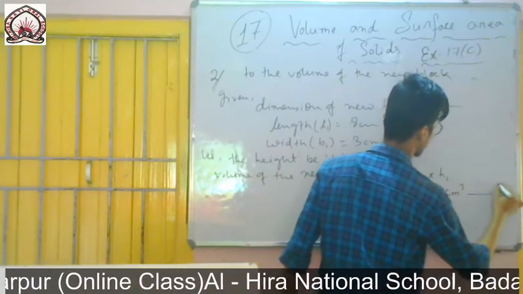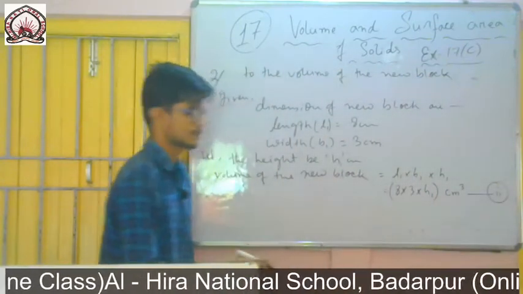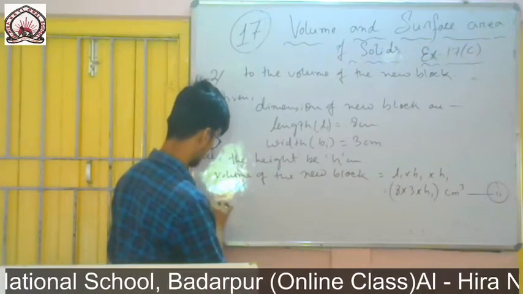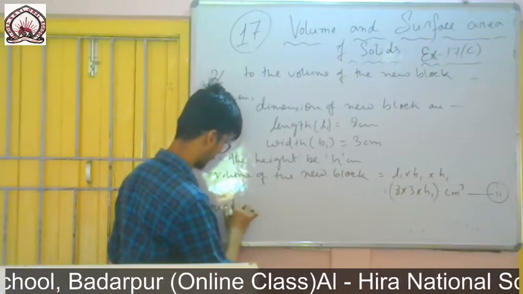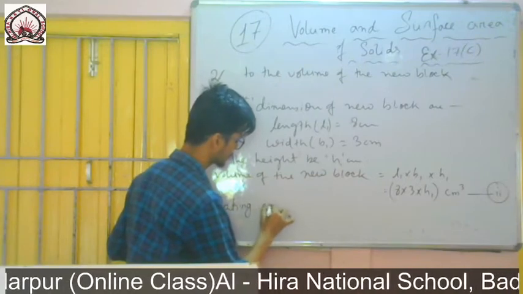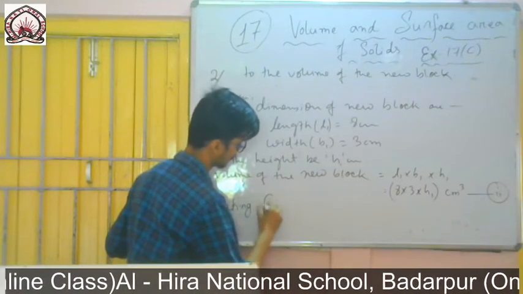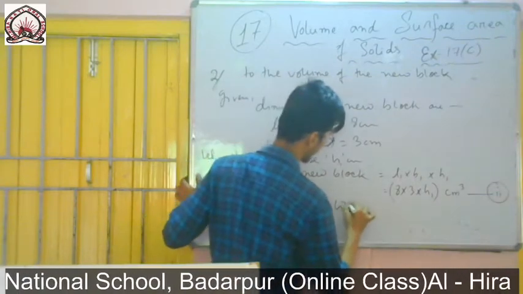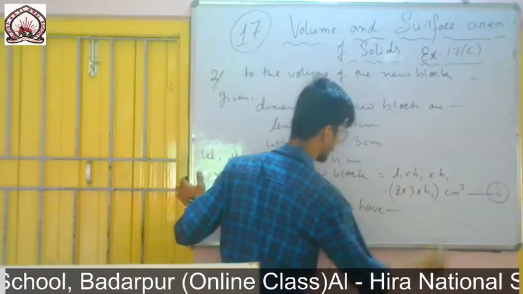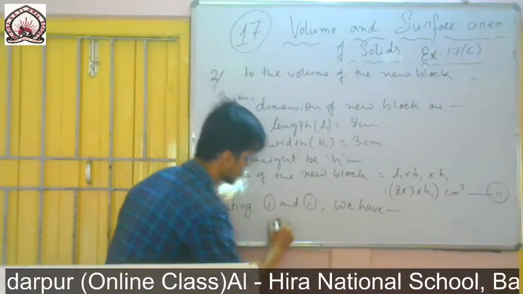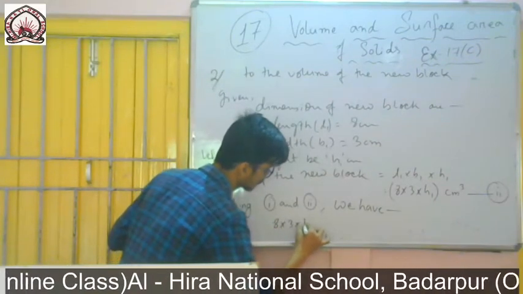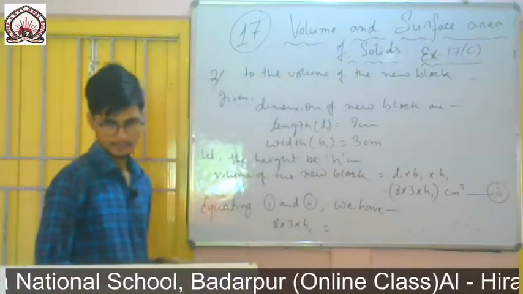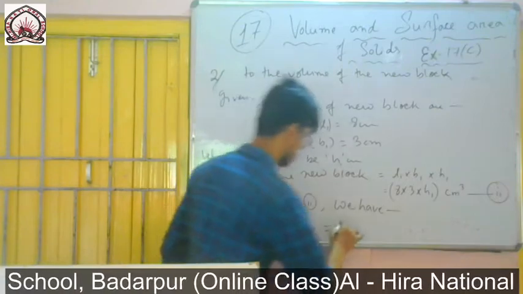This will be equation number 2. Like earlier, we will equate both equations. Equating 1 and 2, we have 8 into 3 into H1 is equal to 120.